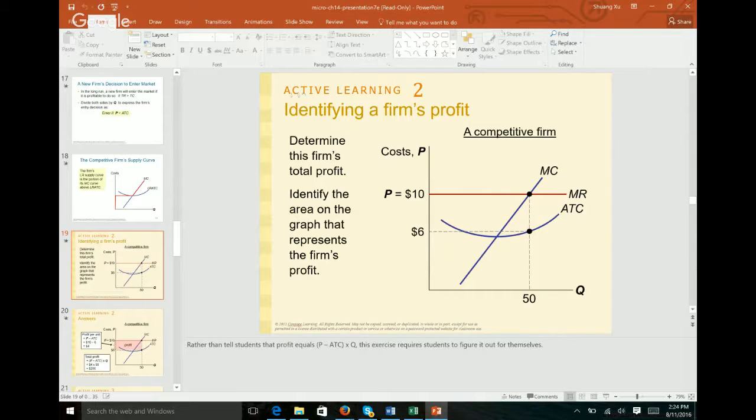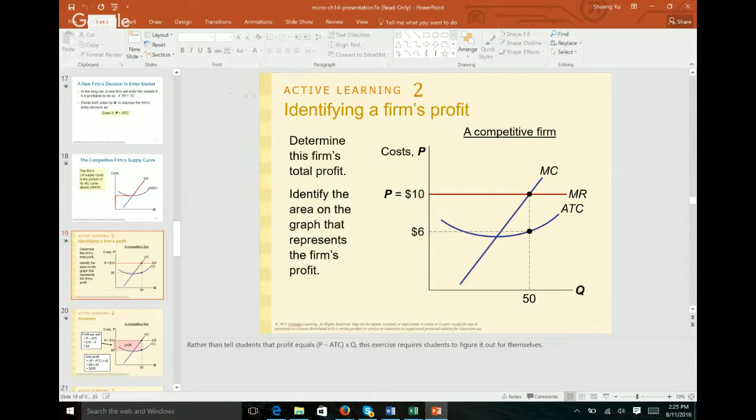Then, to find out if you're making a profit or loss, go to your ATC curve, the average total cost curve, get your average total cost, and compare it with your price. For our graph, the price is also where the demand and marginal revenue curve is. So price is $10.